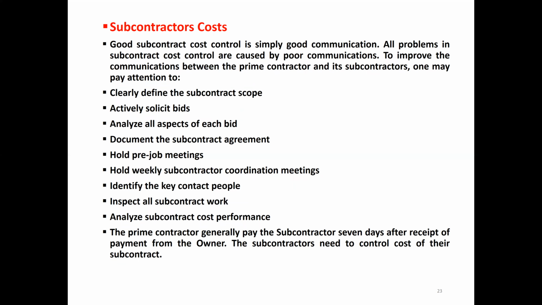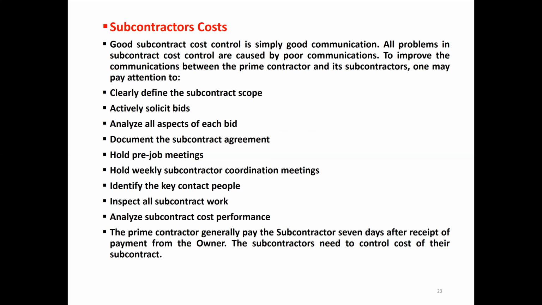Hold pre-job meeting. Hold weekly subcontract coordination meeting with the subcontractors. Identify the key contact people of the subcontractor. Inspect all subcontract work, and the prime contractor checks the work done by the subcontractors. Analyze subcontract cost performance.